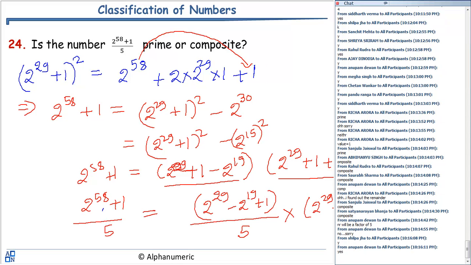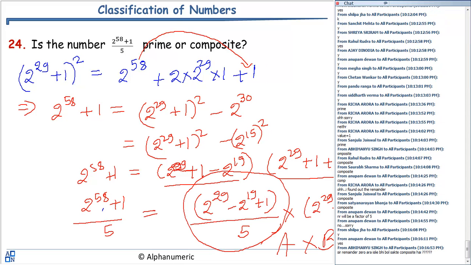So now this will also be a number which is always a composite number because it's a very large number divisible by 5. ठीक है ना? So this is a into b. Since it can be written as a product of two factors a into b, it is definitely a composite number. It is not a prime. This is how we can prove whether any number is prime or composite.